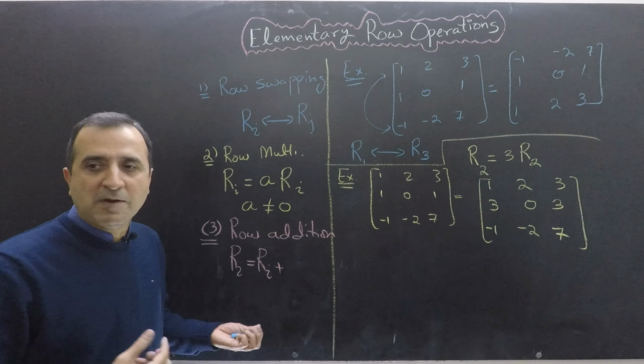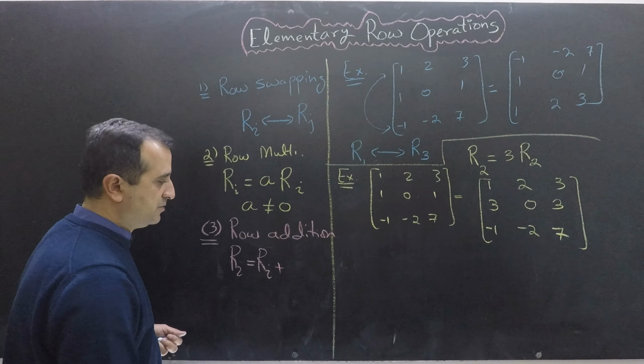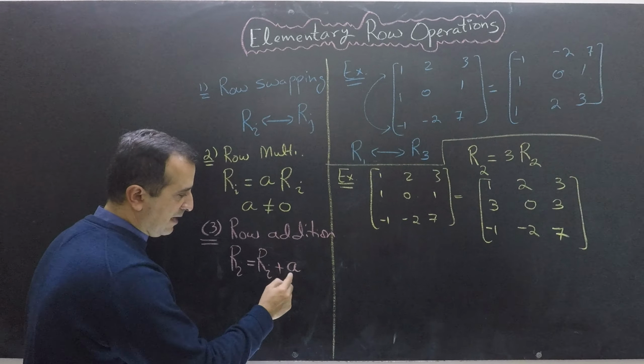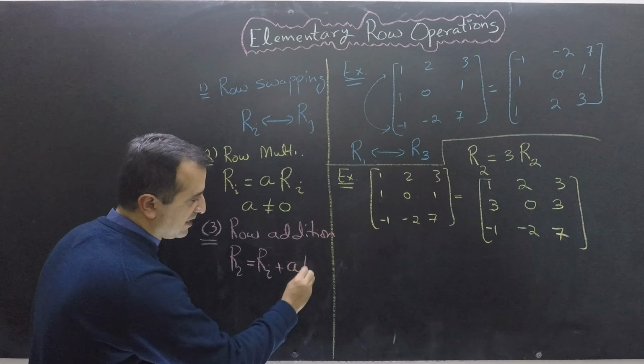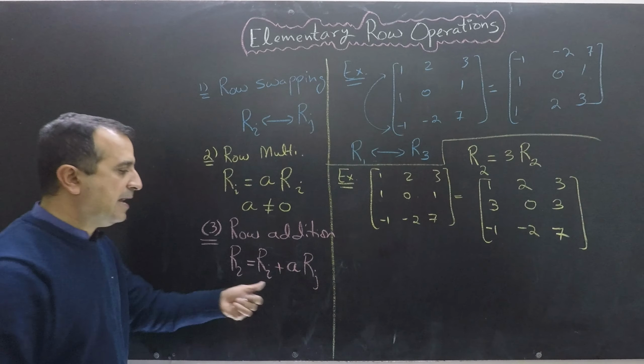I can also optionally multiply row j with a scalar A, and then add the result in row i.